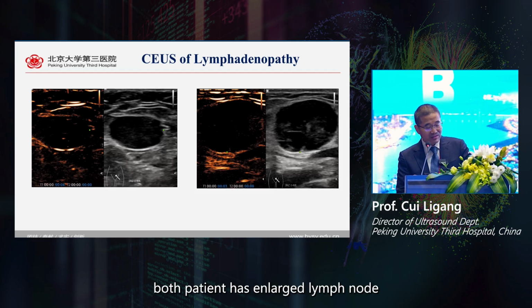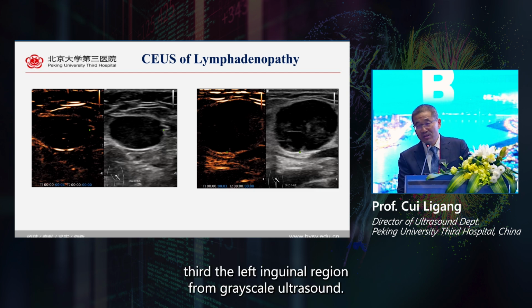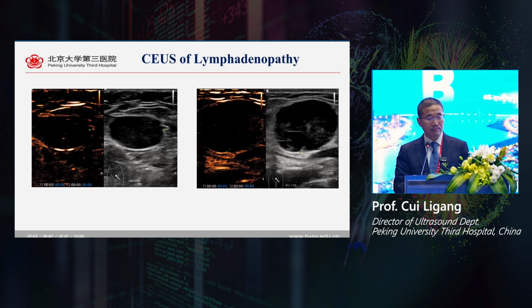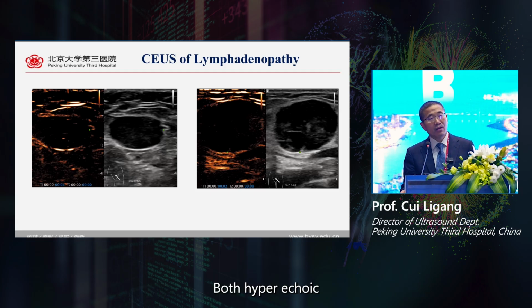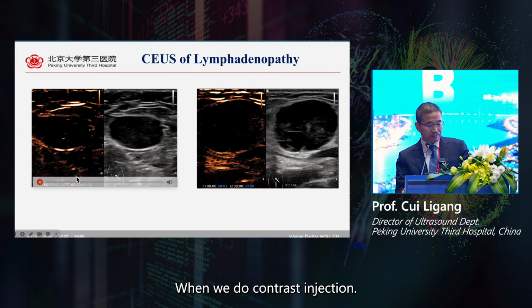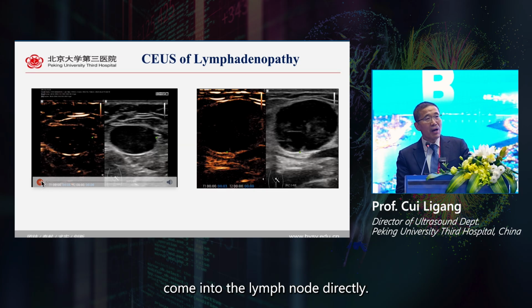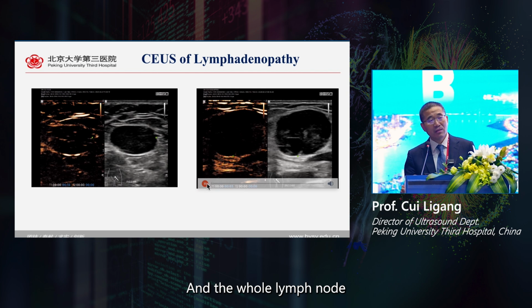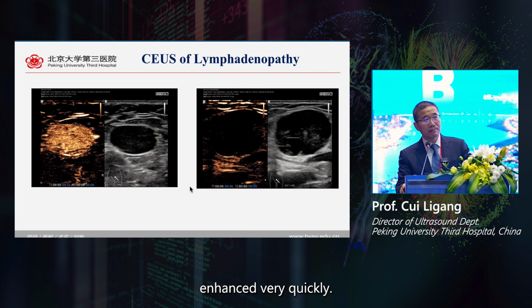We'll see a case firstly. Both patients have an enlarged lymph node of the left inguinal region. From grayscale ultrasound, we cannot find the normal structure of the lymph node. Both are hypoechoic and without hilum. When we do contrast injection, we can see the bubbles come into the lymph node directly, and the whole lymph node enhances very quickly.